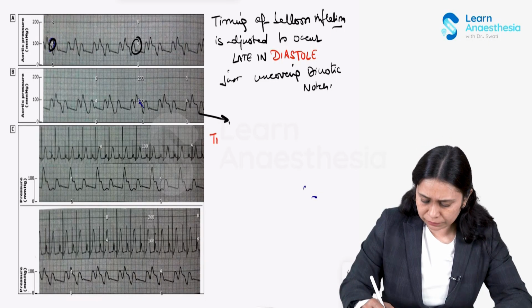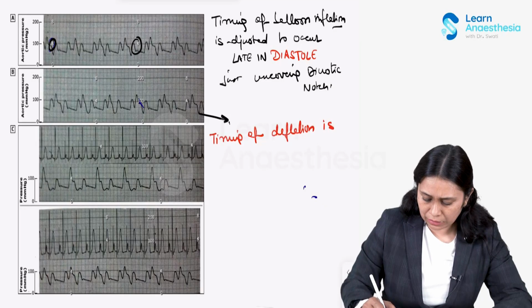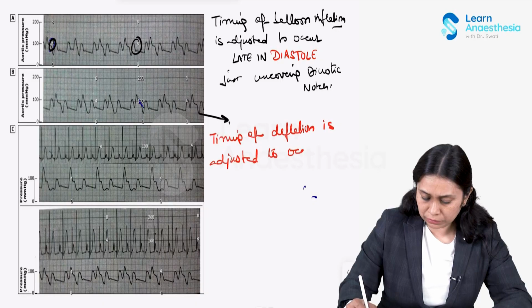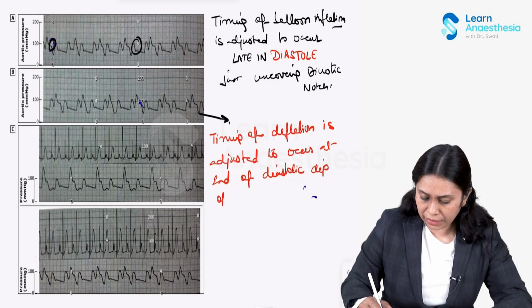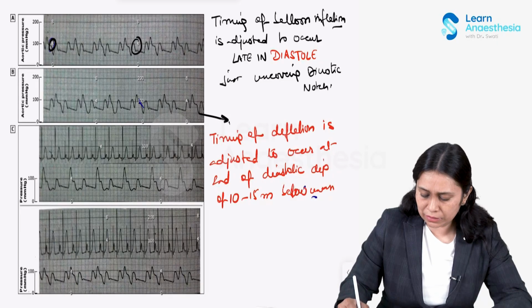So the timing of deflation is adjusted to occur at the end of the diastolic dip of 10 to 15 mm below the unassisted diastolic pressure, right?